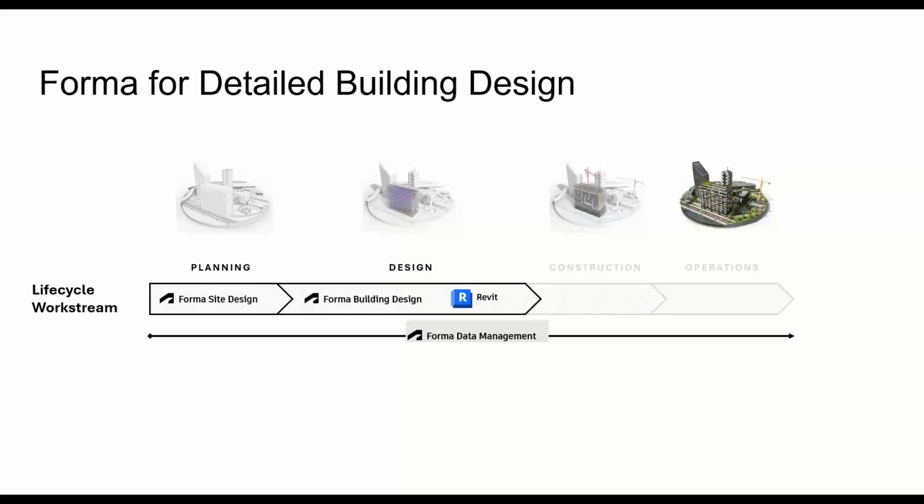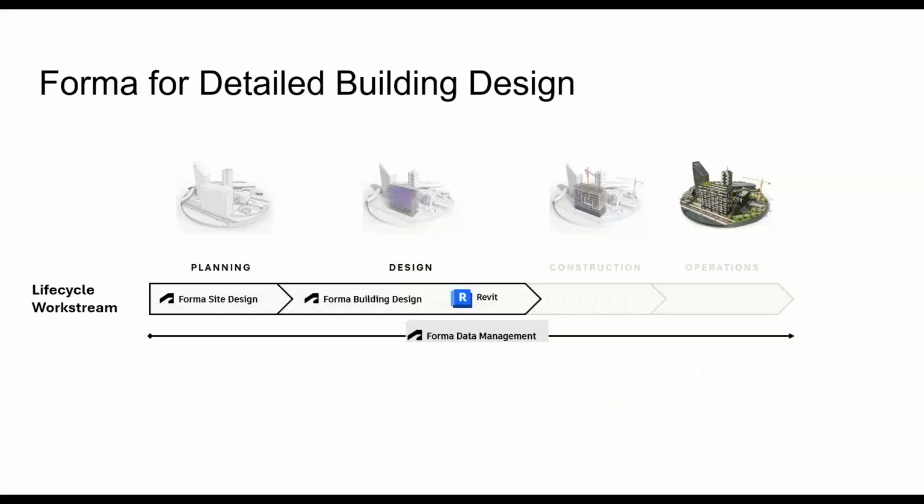What's coming up within the Forma timeline, so this hasn't been released yet, is Forma Building Design. It's an amazing product which allows you to take that massing model even further to a detailed building element. So what Autodesk has been focusing on is bridging the gap between the planning phase and the design phase, where you want to start adding facade to your building.